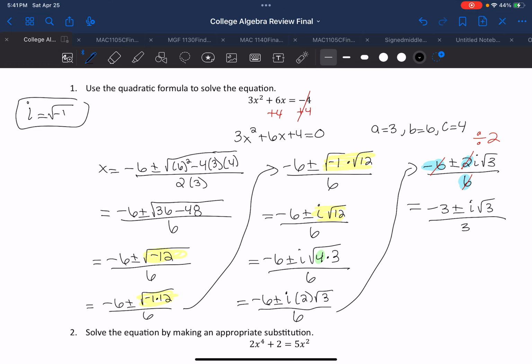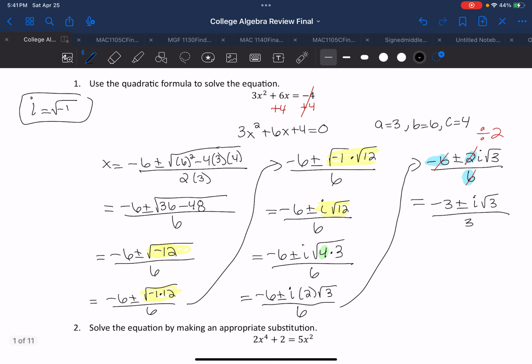Okay, and then the final step for this one is that this is a complex number. So I need to write it in its complex number form, which I'm writing up here in the top left, a plus bi. This is complex number form. So I have to separate this into two fractions.